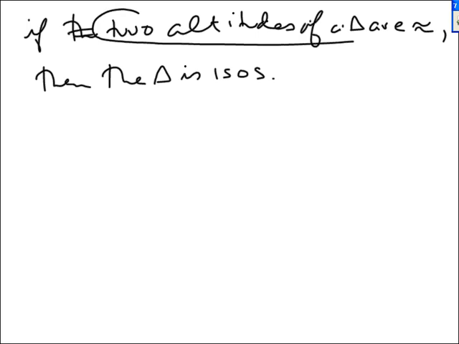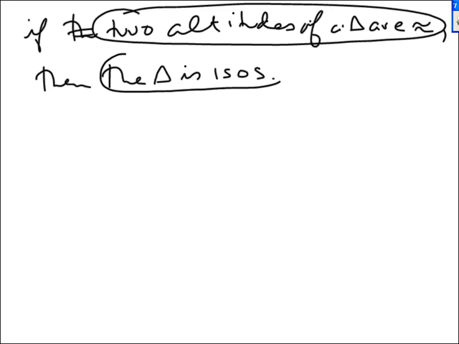If this is true, that is given that, we have to conclude the triangle is isosceles. So, let's write it up. This is a section where we're going to prove things without even a diagram.